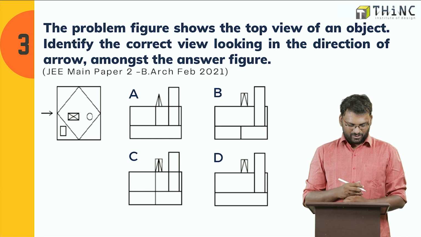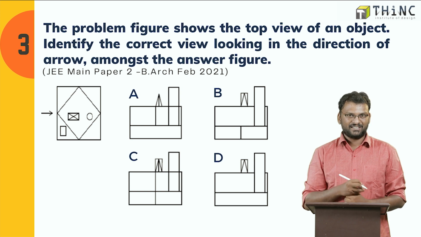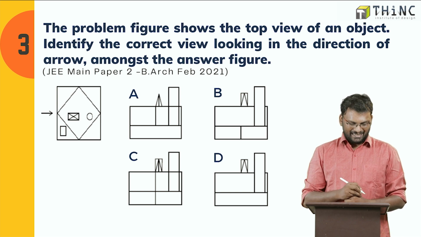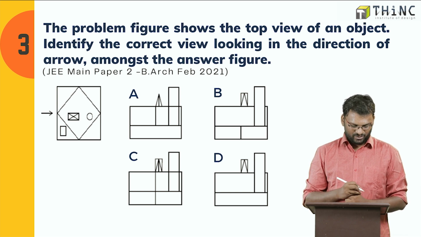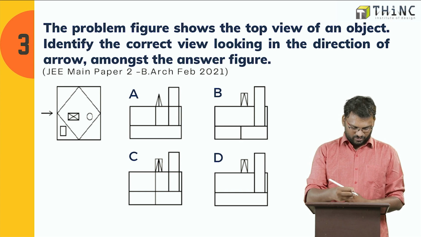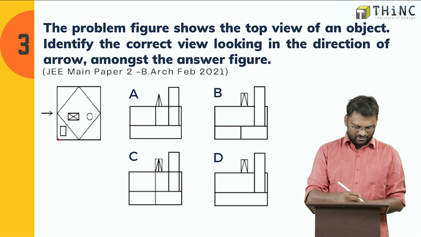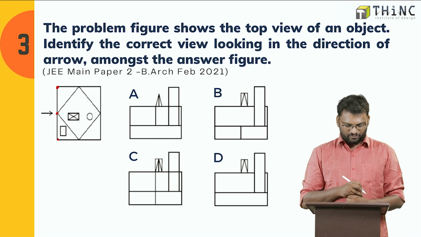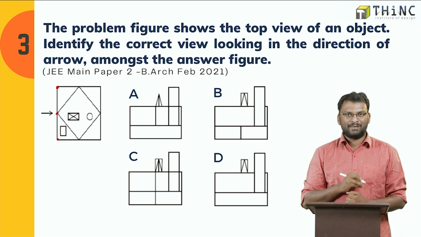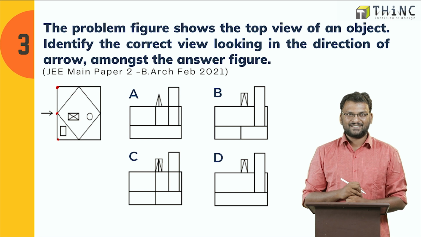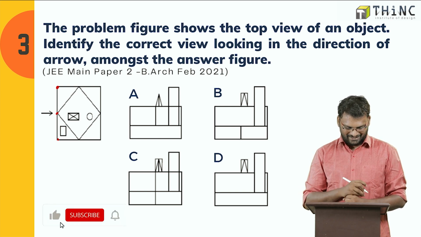The first thing we need to notice is the number of vertices you could find over here. 1, 2, 3. You are able to find 3 vertices at the base itself.